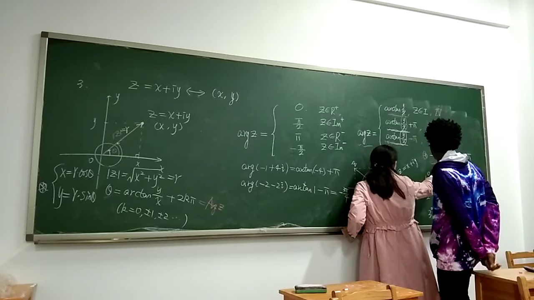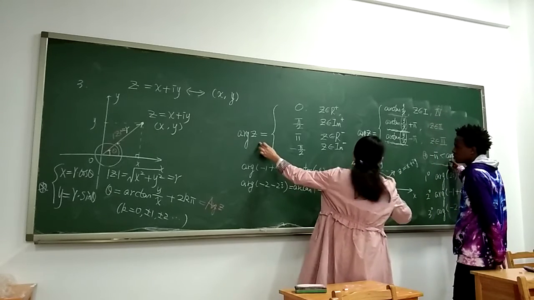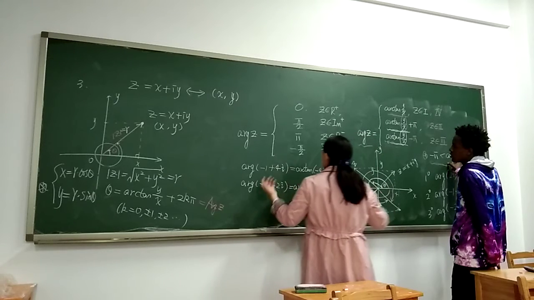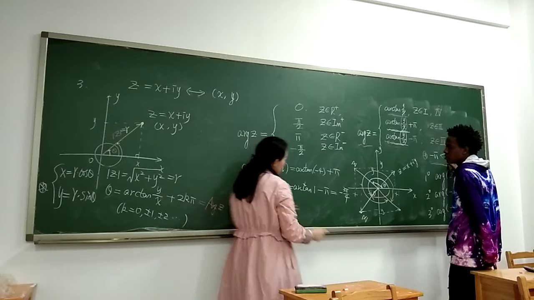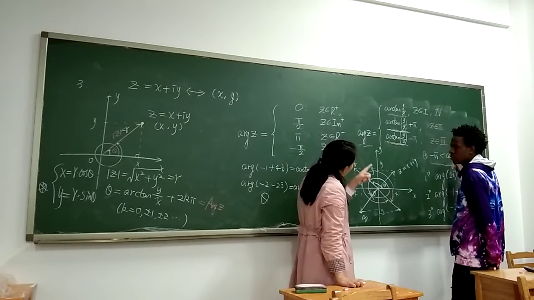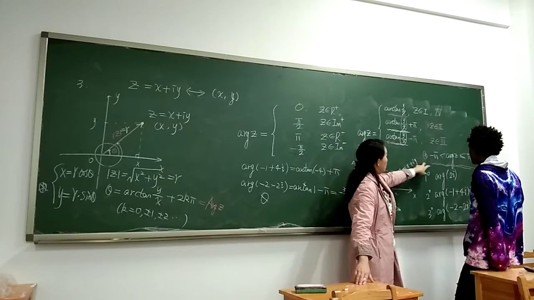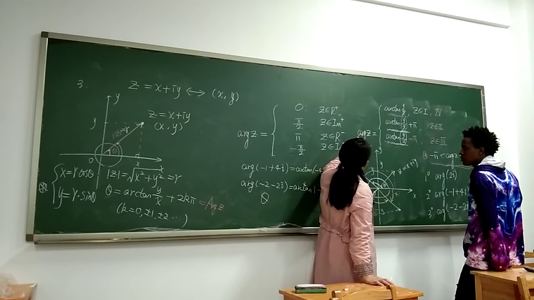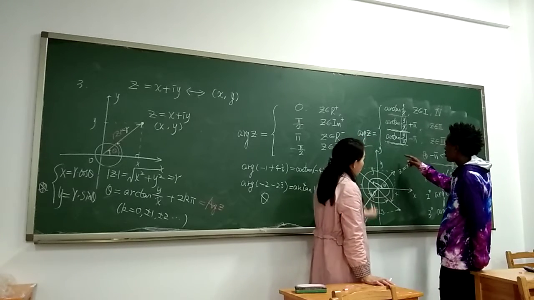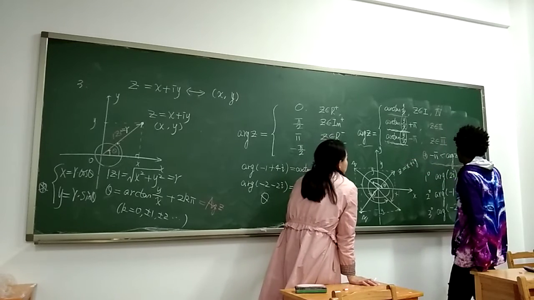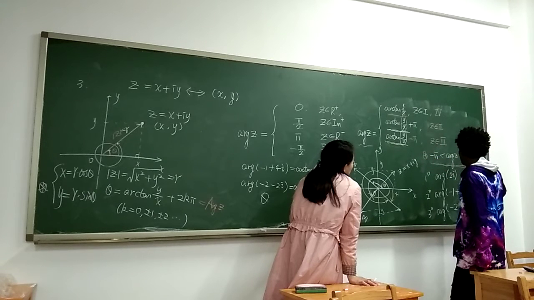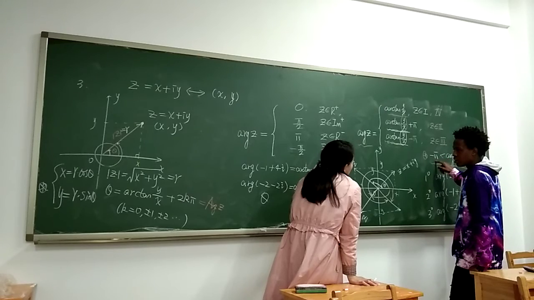There are many theta for this z, but only one theta satisfies this condition. If your theta satisfies this condition, we say this theta is the principal angle. This is the definition. If we take 5/4, it will be greater than this part.